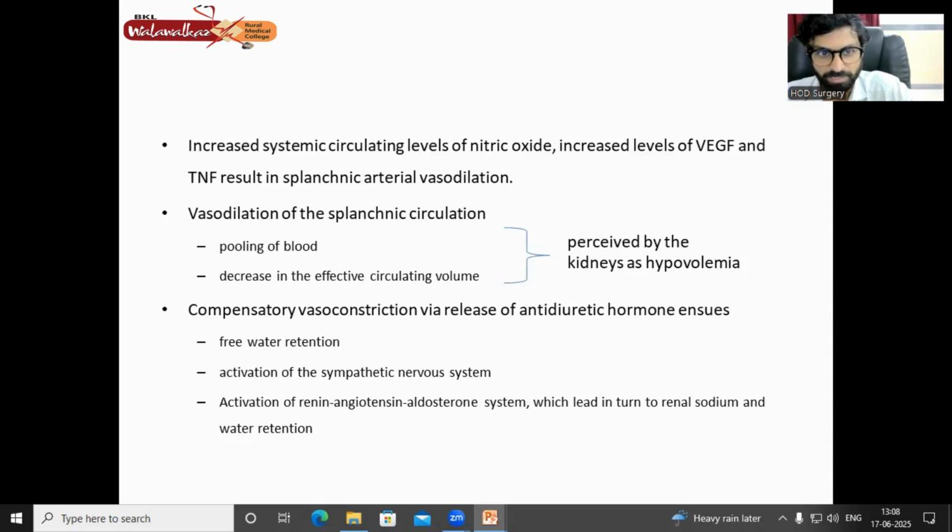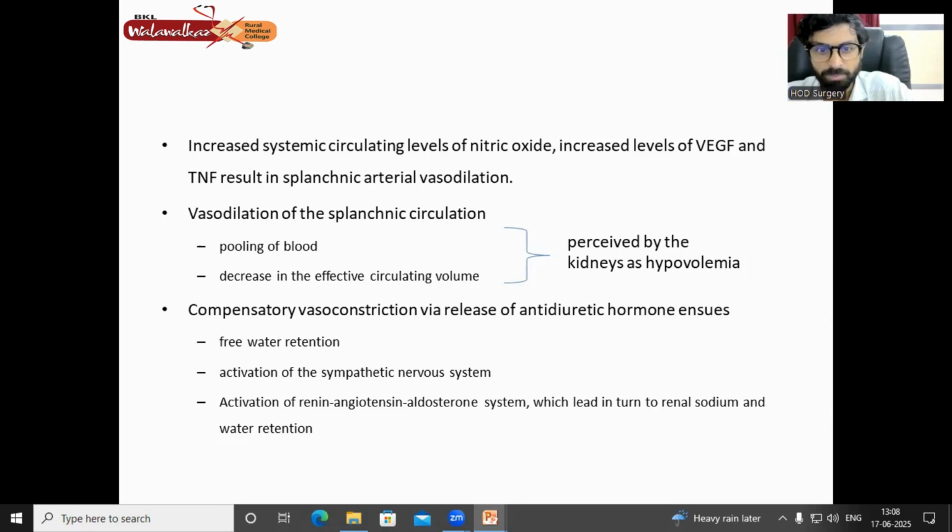arterial vasodilation. Vasodilation of the splanchnic circulation causes pooling of blood and decrease in the effective circulating volume, which is perceived by the kidneys as hypovolemia. So the blood reaching the kidneys is reduced due to splanchnic vasodilation.